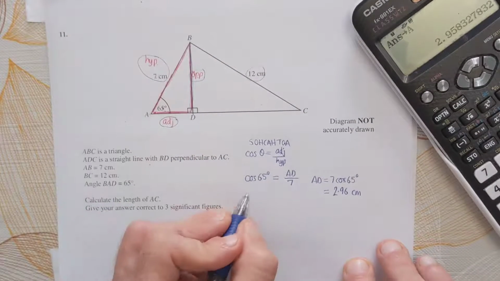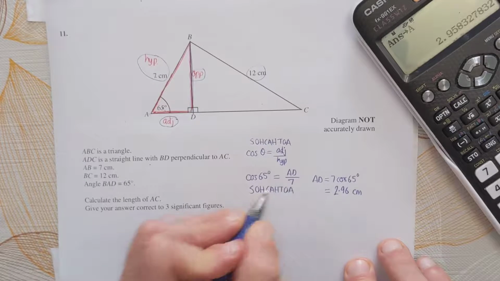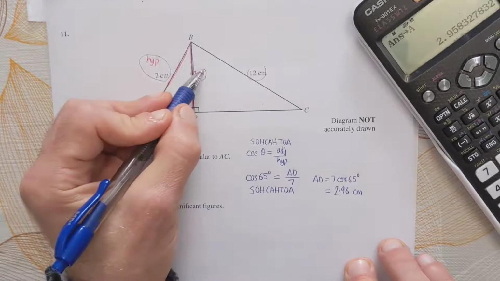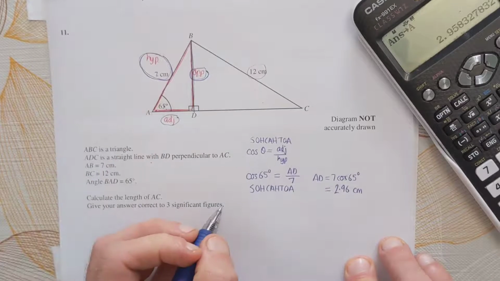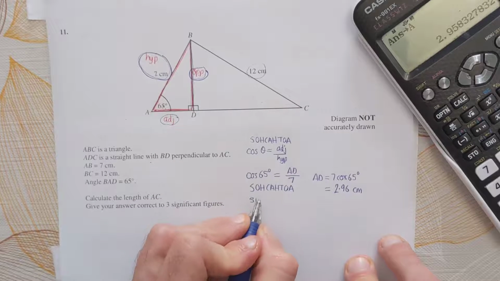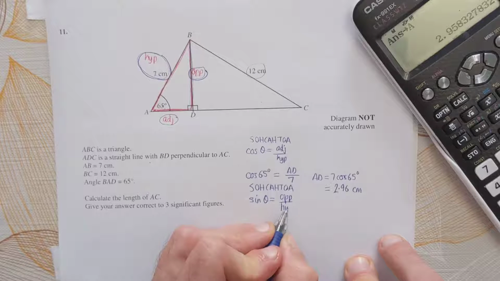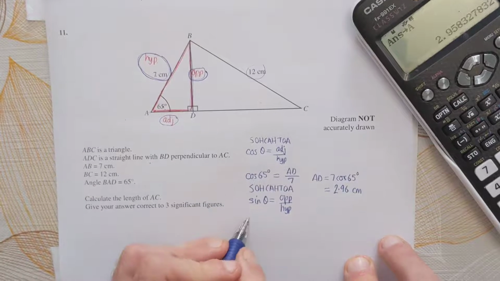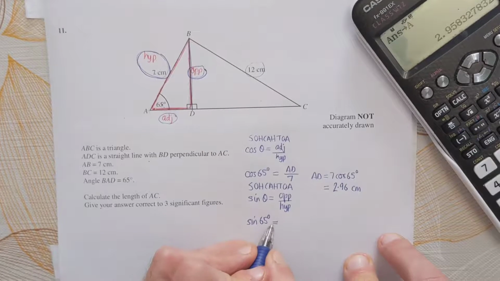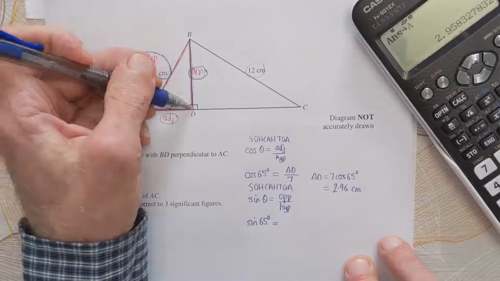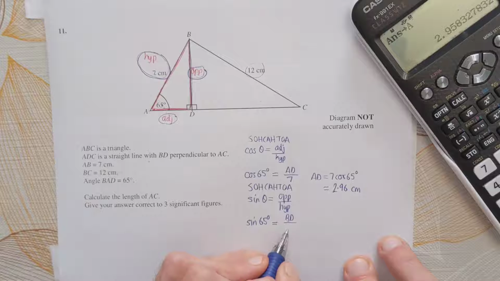So we want the opposite side. So let's try SOHCAHTOA. And we want the opposite side given the hypotenuse. So this is in fact a sine question. So sine of theta is opposite side over hypotenuse. And putting the values in, we get sine of 65 degrees is the opposite side, which is BD, over the hypotenuse, which is 7.